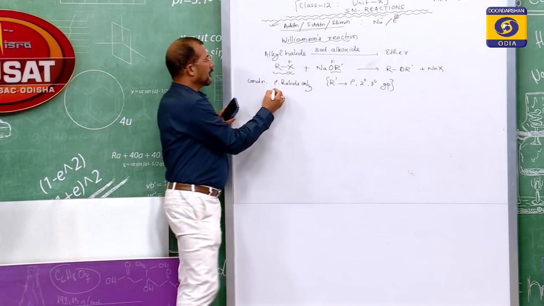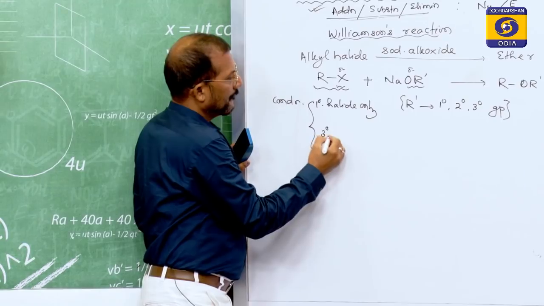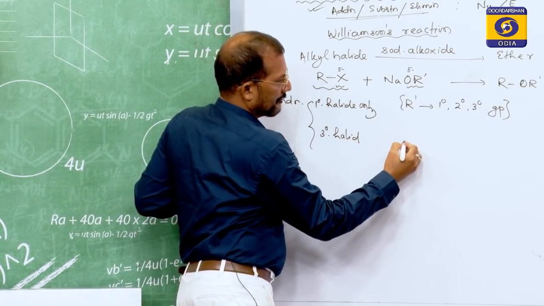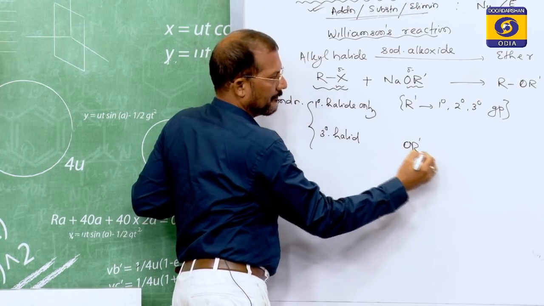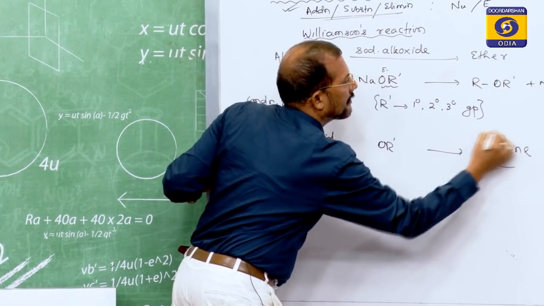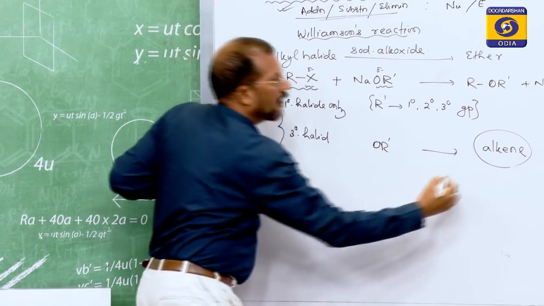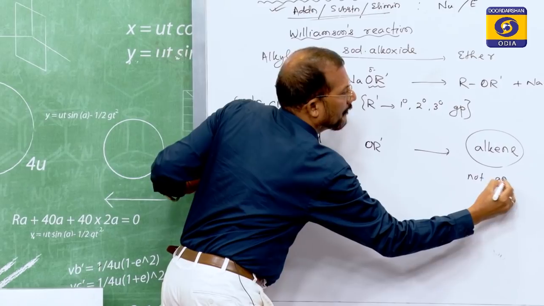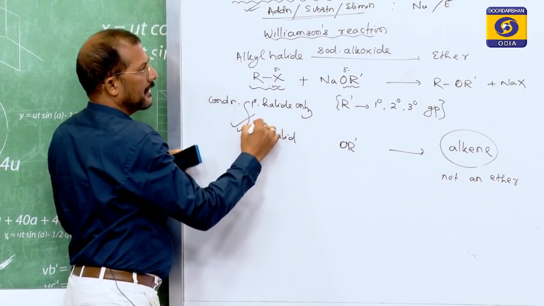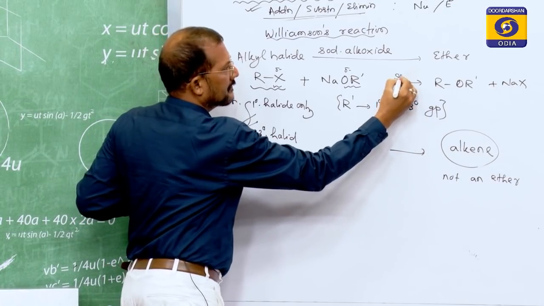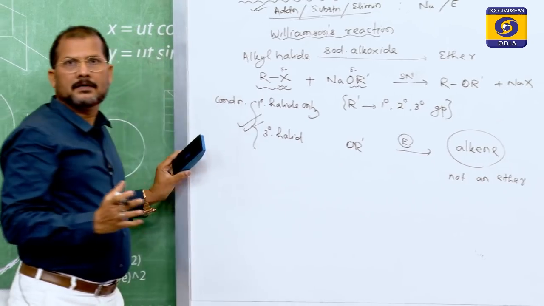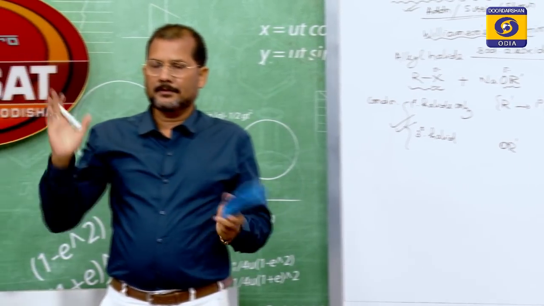Because if it is a tertiary halide and you use the same alkoxide, then the product is preferably an alkene, not an ether. In such a case, this is not an SN reaction, but an E reaction. I have discussed elimination reactions in part 1 in previous classes.